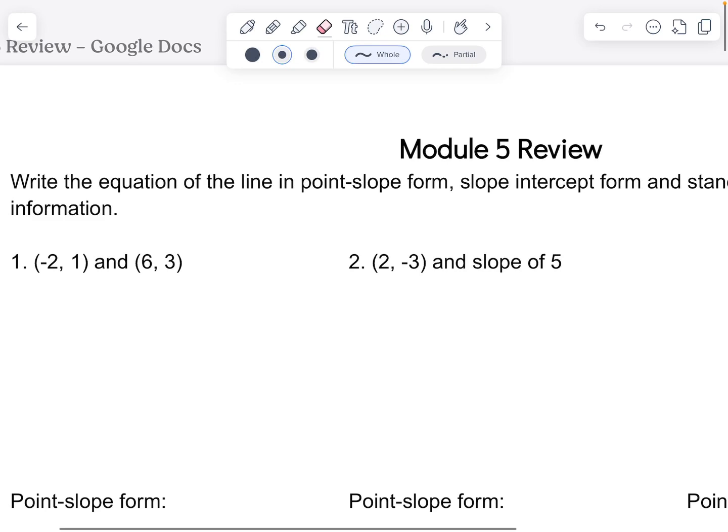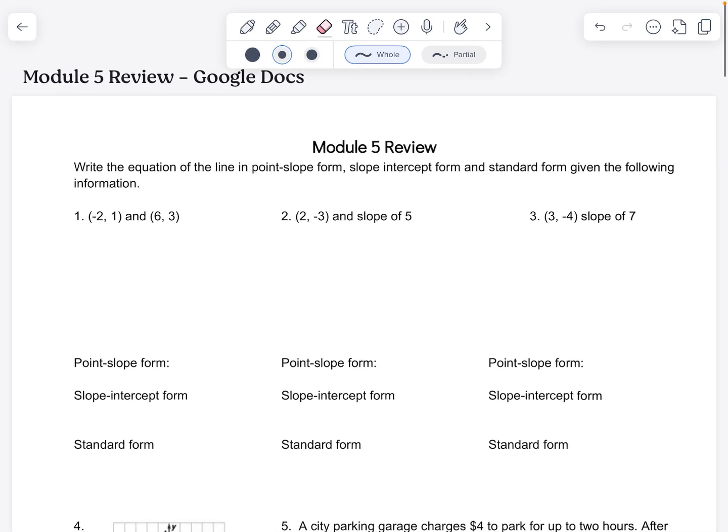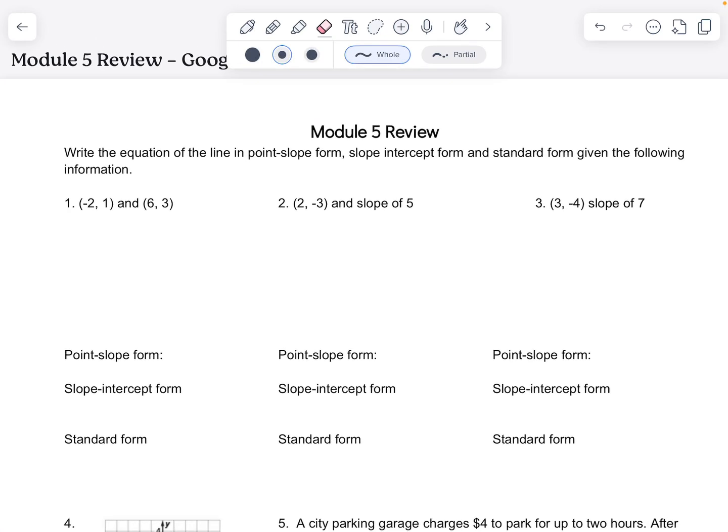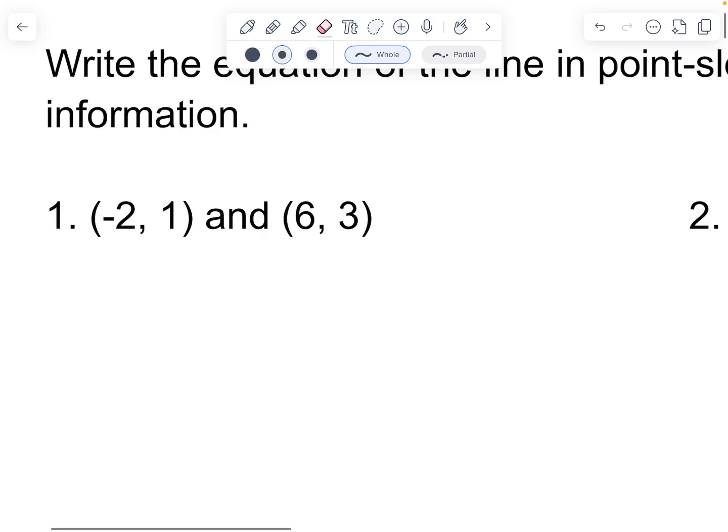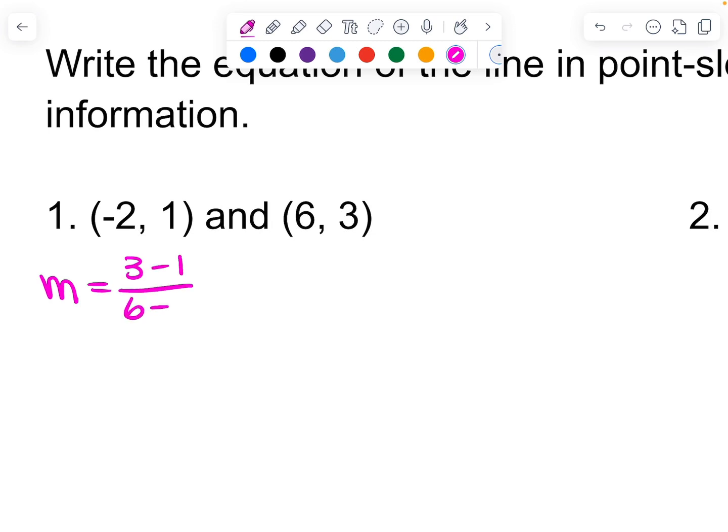Okay, so review 5, and we need to find the equation of the line. So first thing, we need to find the slope. So m equals 3 minus 1 over 6 minus negative 2. So I get a 2 on top and an 8 on the bottom, and I get 1/4.